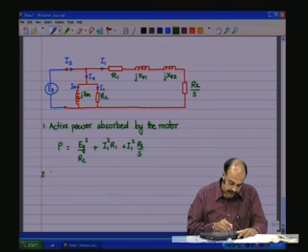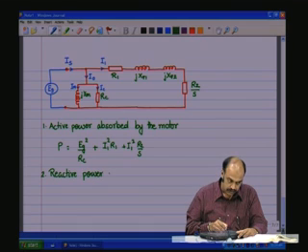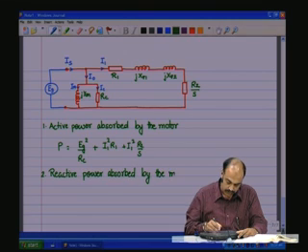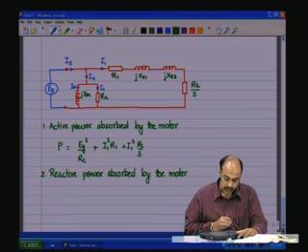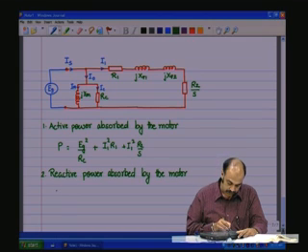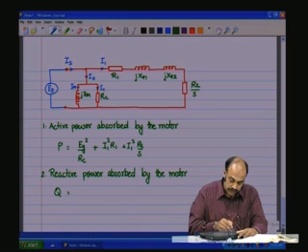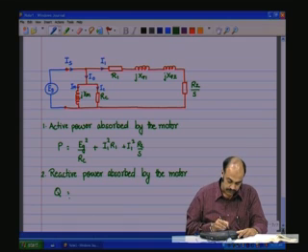And the reactive power absorbed by the motor, we will call that one Q, is the one stored in jXm.